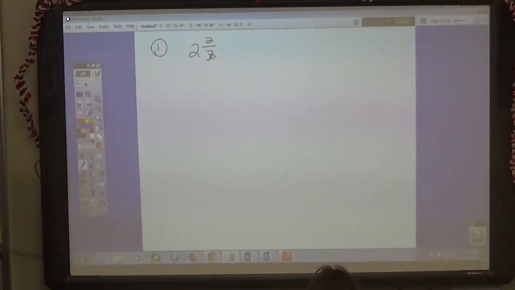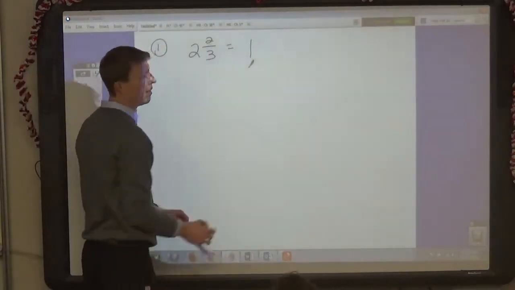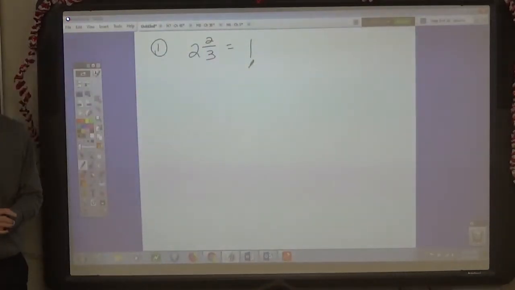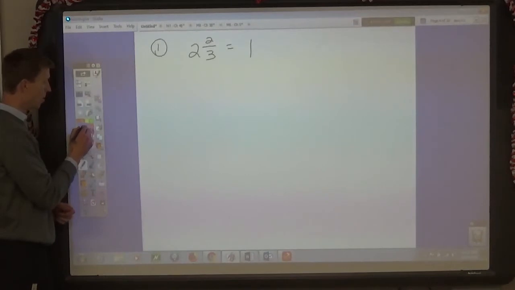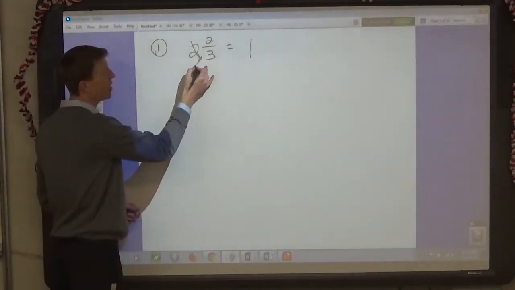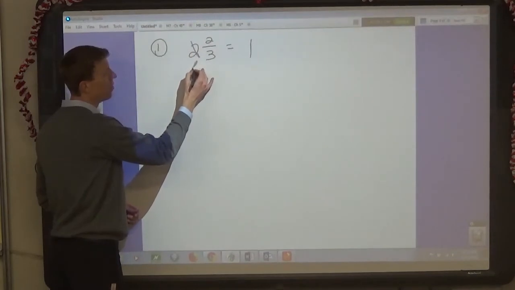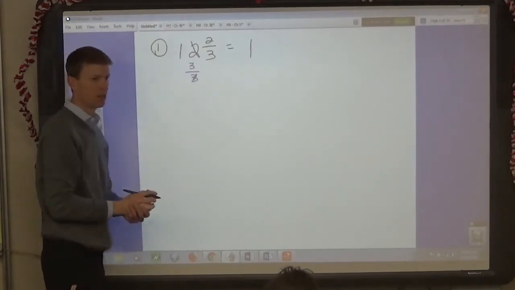And you rename it as 1 and what? What would you rename it as? What would it equal if you took away a whole and you changed that whole to 3/3.